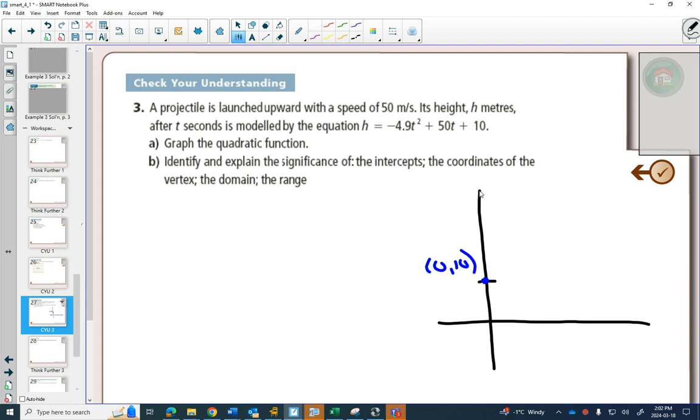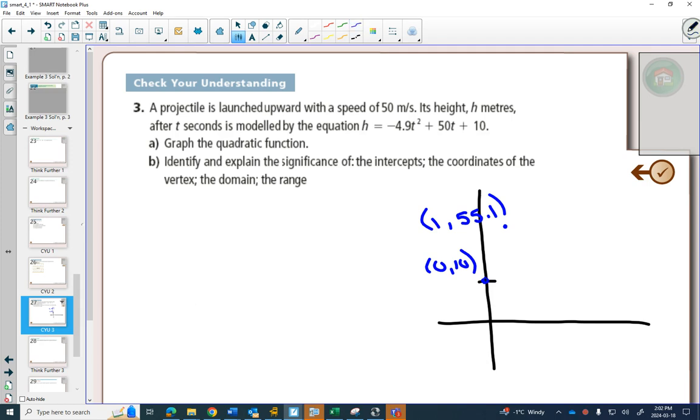But after that, things get a little messy. Like, I could plug in 1, and if I plug in 1 for t, I'm going to get 50 plus 10 is 60 minus 4.9. I would get 1, 55.1, about. But again, that's not a very nice point.